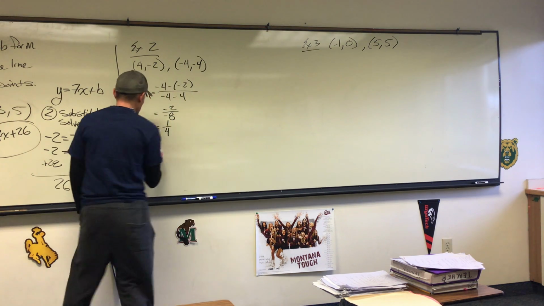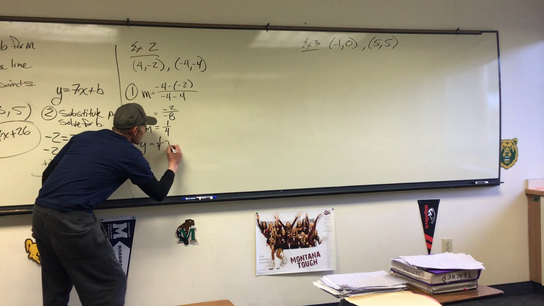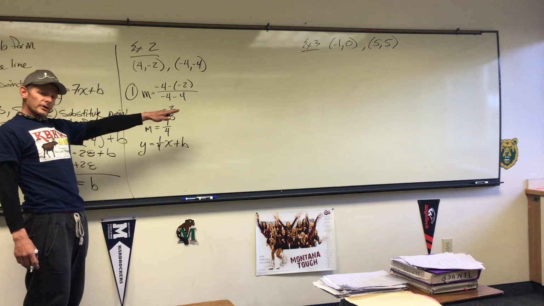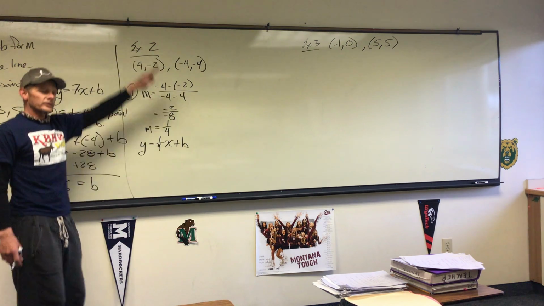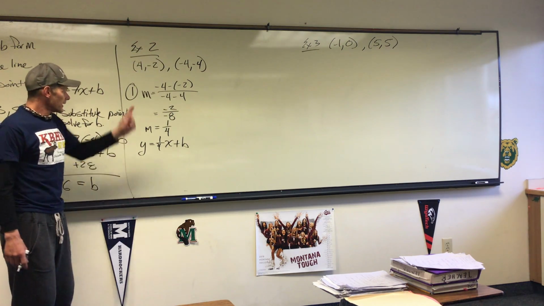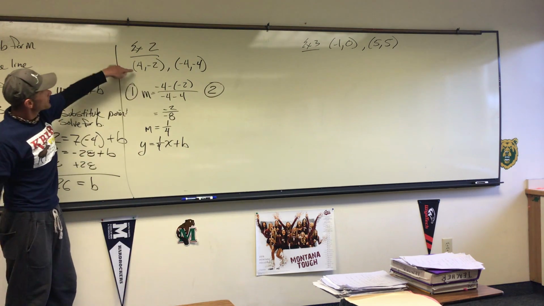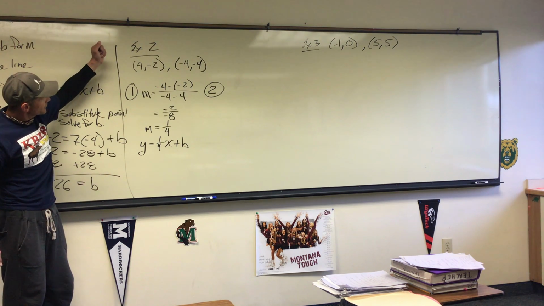Okay, so then what we can write, we know our equation looks like y equals 1/4 x plus b. We know the slope is 1/4. It goes up 1 for every 4 to the right, but we don't know exactly where it crosses yet, and that's when, number 2, we substitute one of these points in there. It really doesn't matter which one you use.